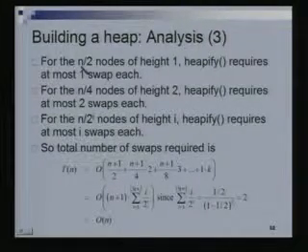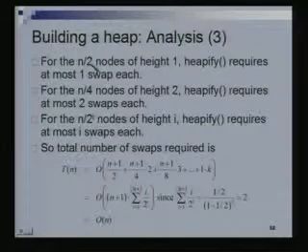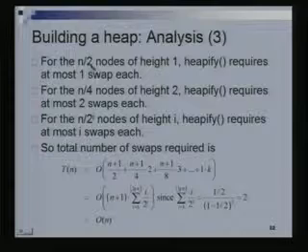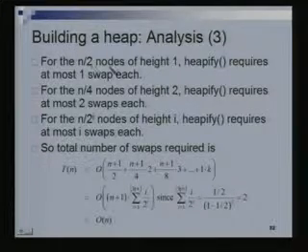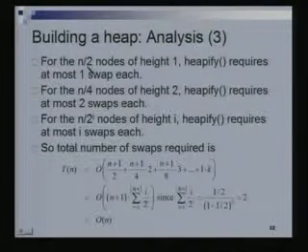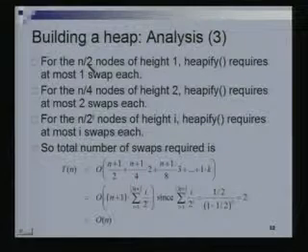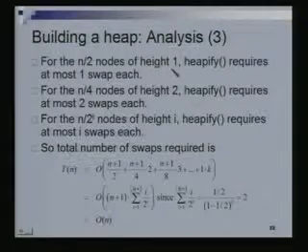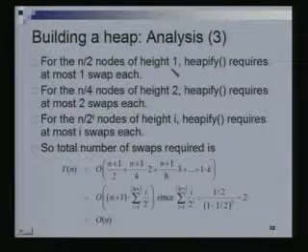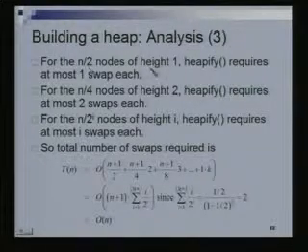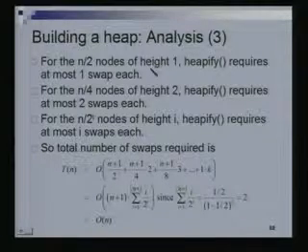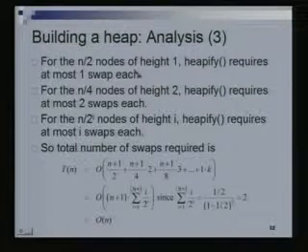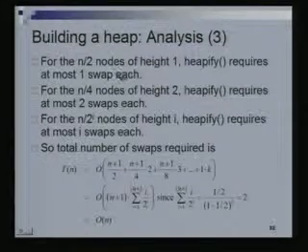So if the number of nodes was of the kind 2 to the k minus 1, then we know that there are roughly n by 2 nodes of height 1. And for each of these nodes, we require only one swap, because the subtree rooted at these nodes is of height 1, so we require only n by 2 swaps.